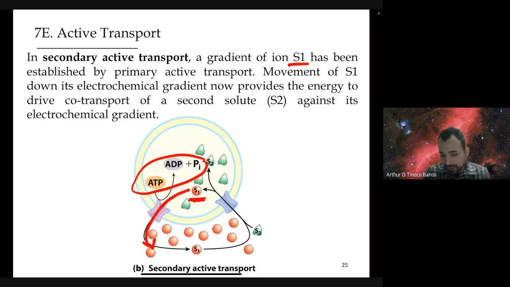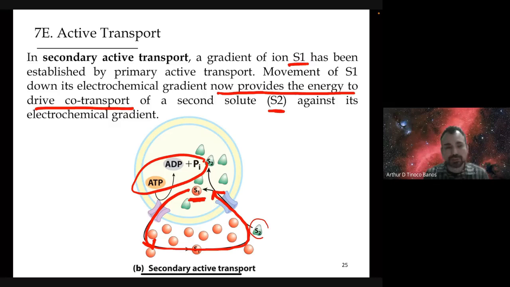That now provides the energy to drive a co-transport of a second solute, S2, against its electrochemical gradient. What do I mean there? Let's keep tracking. Solute 1 now is going through this transporter along its electrochemical gradient, from high concentration to low concentration. And now it's enabling solute 2 to go against its electrochemical gradient, from low concentration to high concentration. That's how we can see a series of these interacting networks of transport.